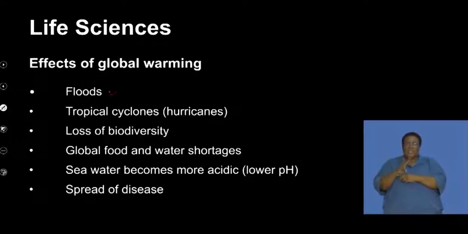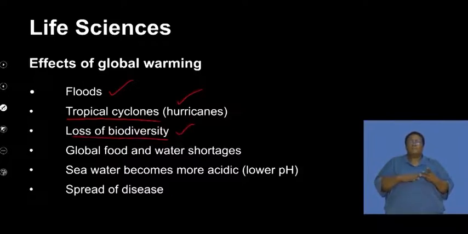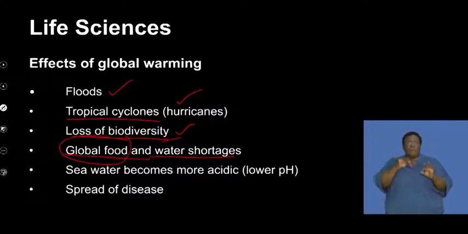We're seeing more floods, the frequency of cyclones and hurricanes becomes more prevalent, and you would have noticed a lot of these in America. The loss of biodiversity is increasing, and that's due to living organisms not being able to adapt to an increase in the global temperatures. We're also experiencing global food and water shortages because the ability of plants to withstand increased temperatures and the evaporation of water has impacted the availability of food and water.